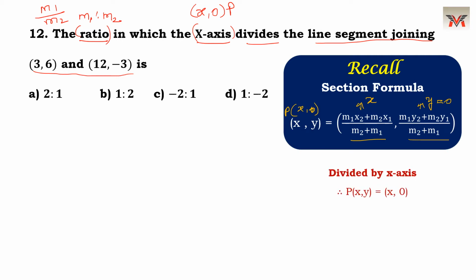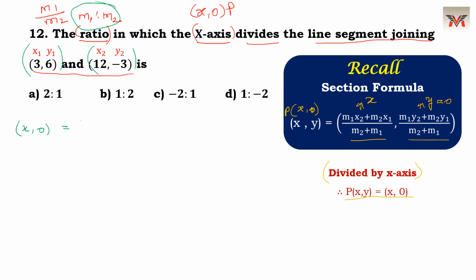Since it is divided by the x-axis, we can take P (x, y) as (x, 0). Observe here, I have taken x1, y1 and x2, y2. So let us apply the section formula. Since we don't know m1 and m2, we keep them as they are in the formula.